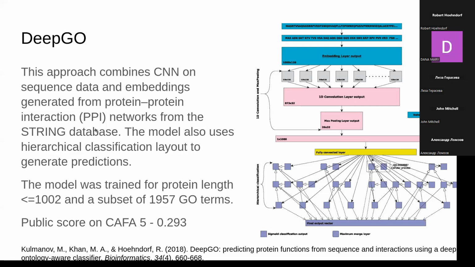So the score is so low because of this, I think. Another drawback is the short protein length and a small subset of predicted GO terms. But I think you can improve the score if you combine it with other methods.